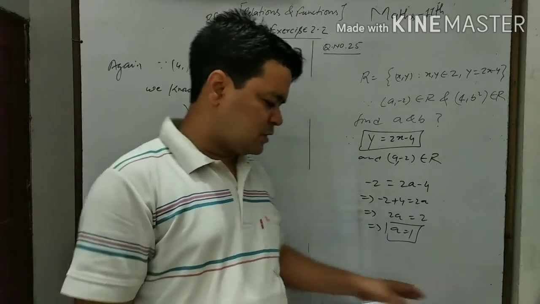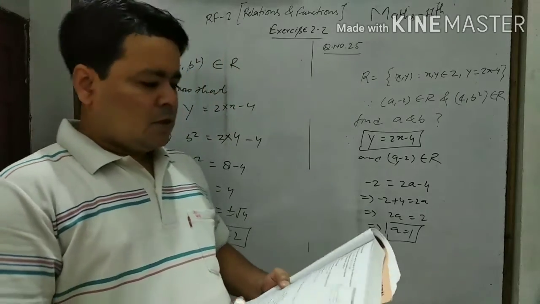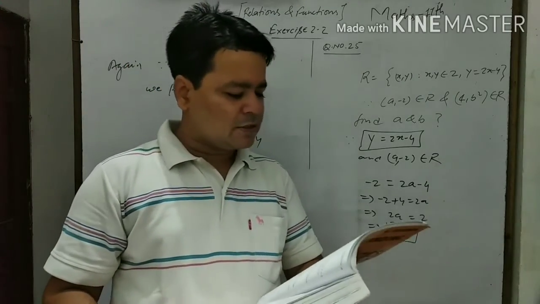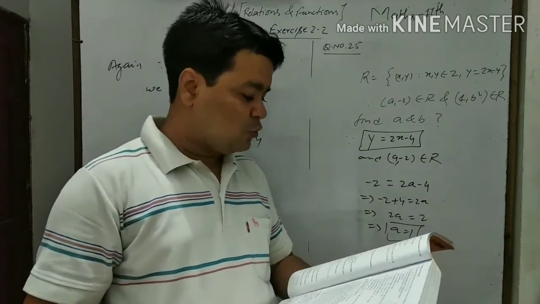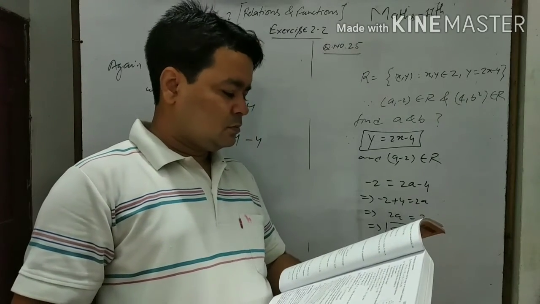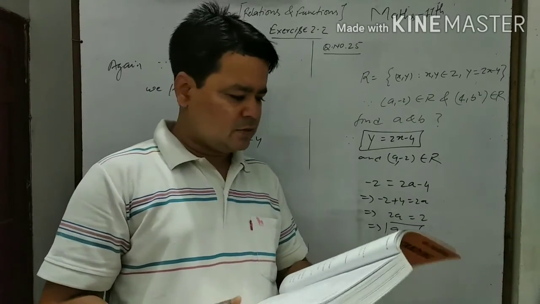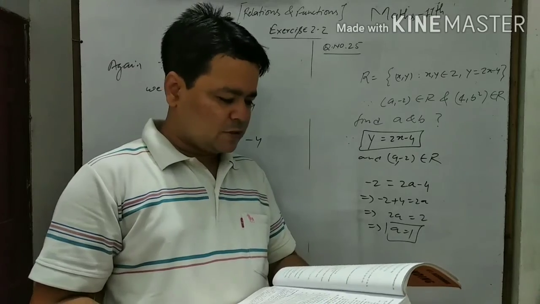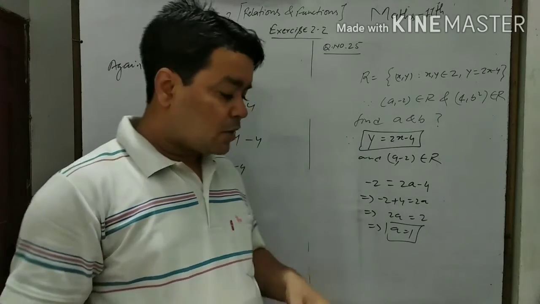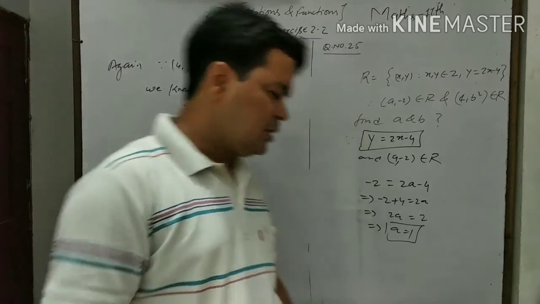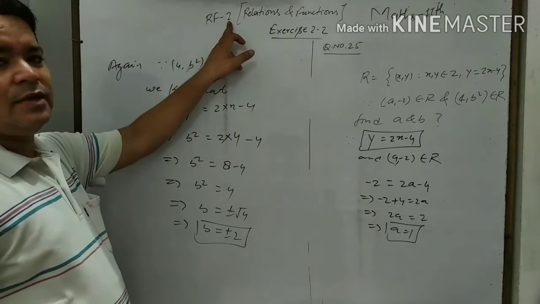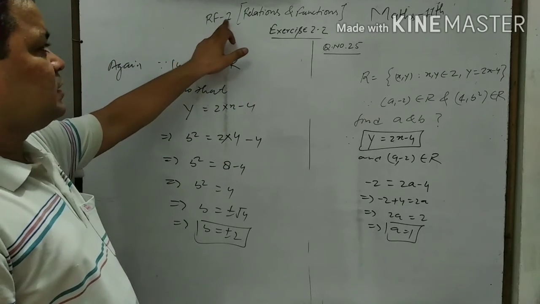This is the total regarding exercise 2.2. I hope you will do your best and complete up to exercise 2.2. Our next video class will be RF3, relation and function third part.